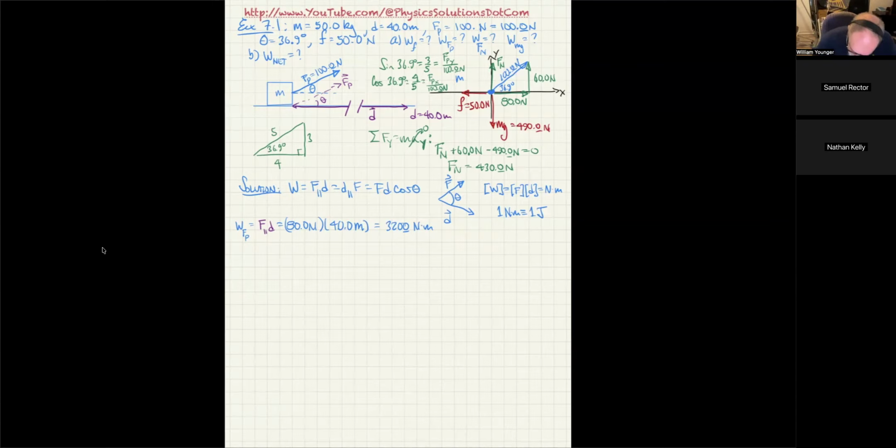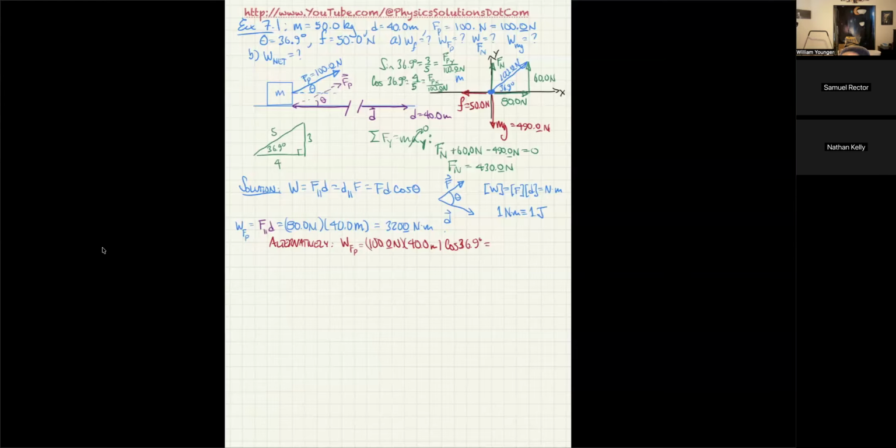Now, just to show you, if you wanted to actually calculate, let's do it alternatively. We can say work FP is equal to 100.0 newtons times 40.0 meters times cosine 36.9 degrees.